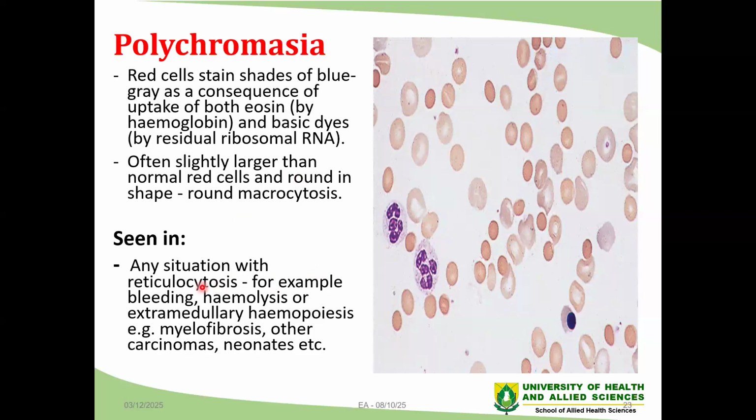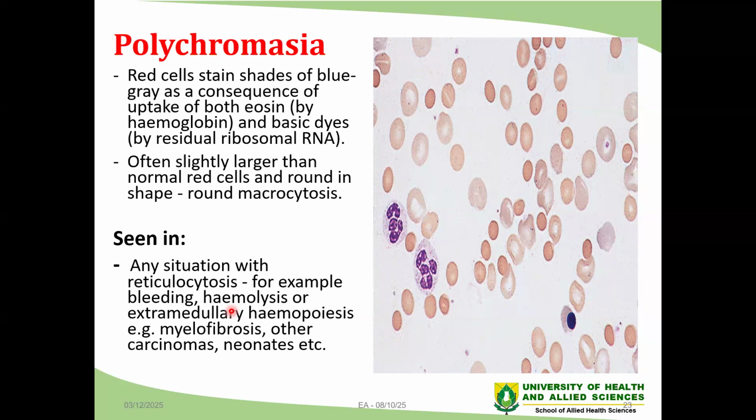This kind of condition may be seen in situations where the bone marrow is really trying to compensate for anemia, for example, when there's bleeding or hemolysis, or in other cases, what we call extramedullary hematopoiesis. Extramedullary hematopoiesis simply means hematopoiesis that is taking place outside the bone marrow.